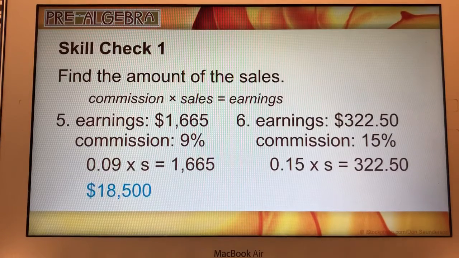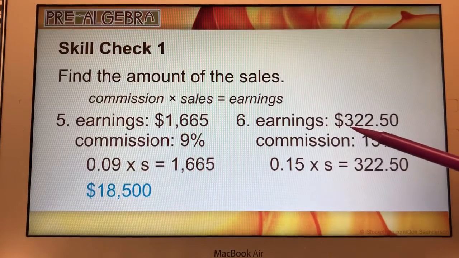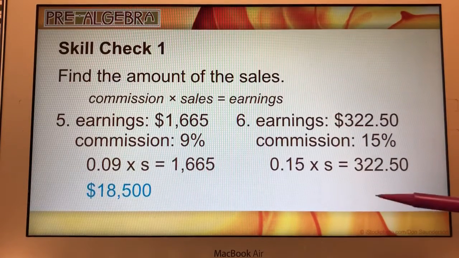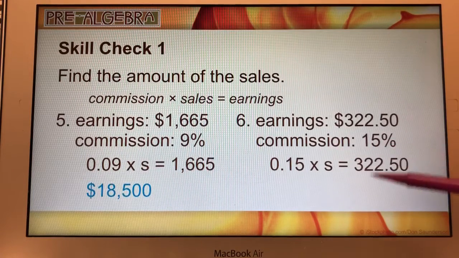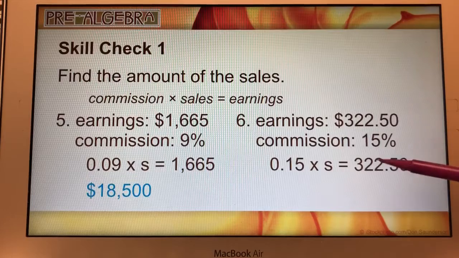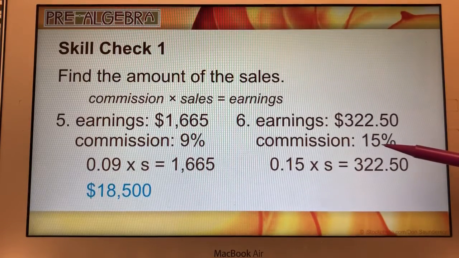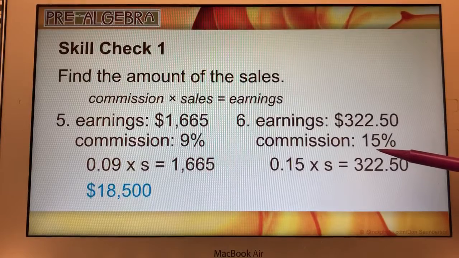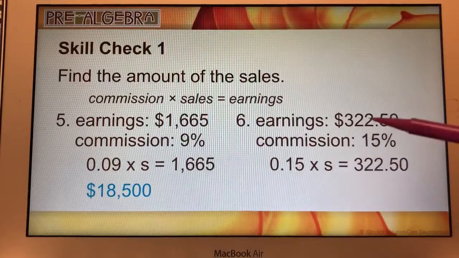Now, for this last example problem, if our earnings was $322.50, and then let's say our commission was 15%, you're going to plug your numbers back into your formula, and again, we have to convert the 15% into a decimal, so that's why we get 0.15.